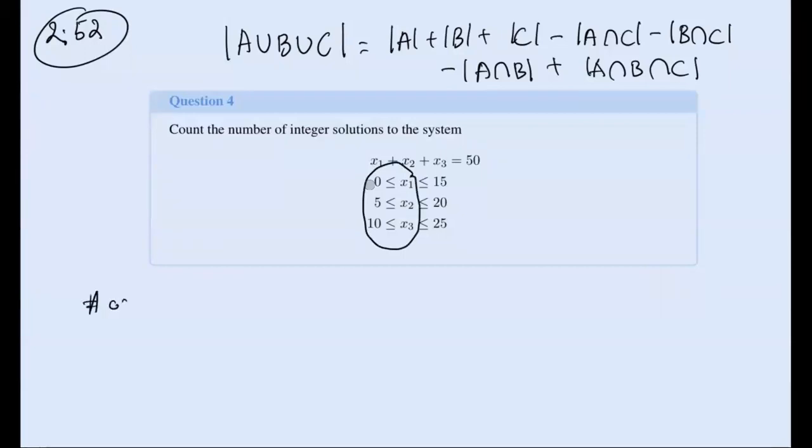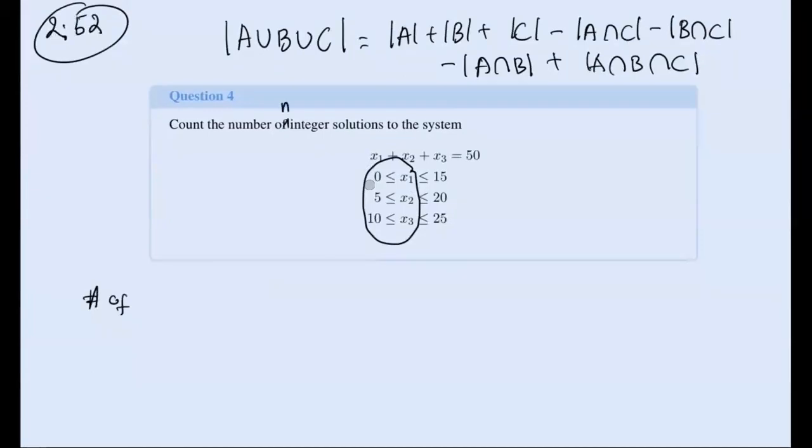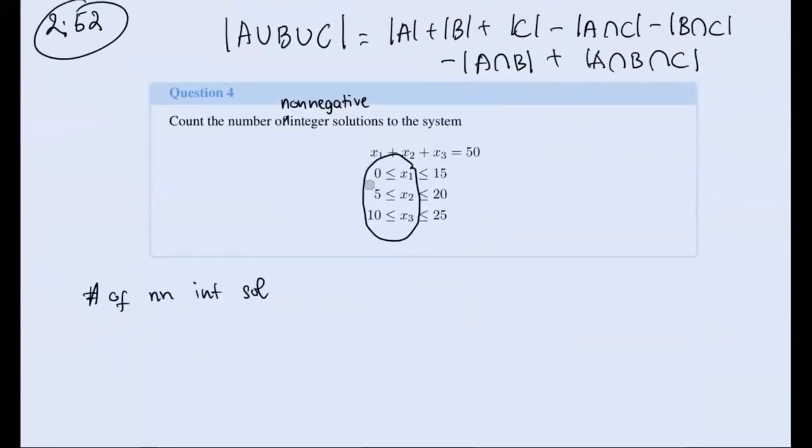So the number of, here I mean non-negative integer solutions if we only consider the lower bound, so we need to make sure that x1 is at least 0, x2 is at least 5, and x3 is at least 10. We can grab the answer that we got from question 2 because it's exactly solved.